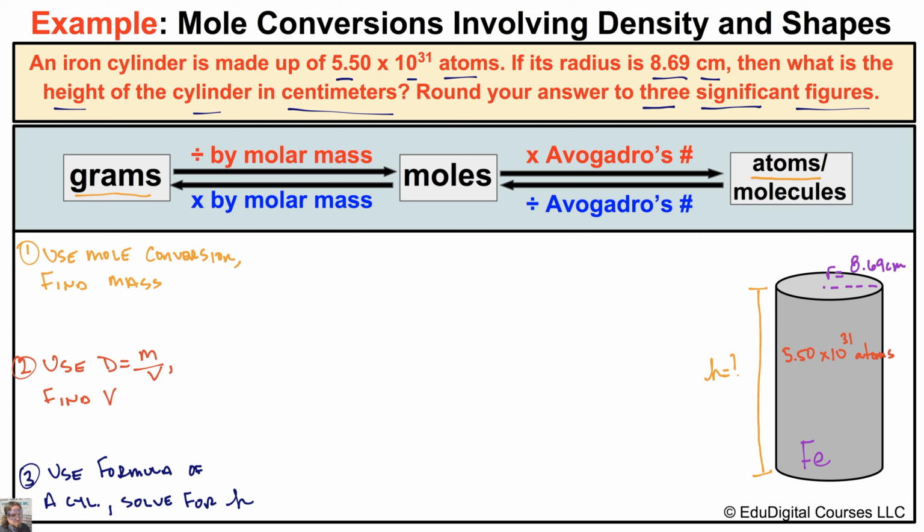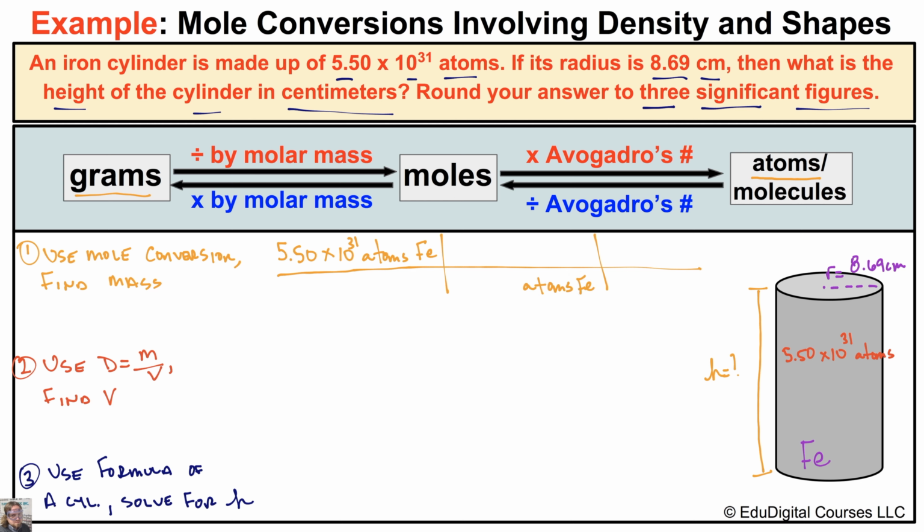In step number 1, it says that we have 5.50 times 10 to the 31st atoms of iron. And what we're going to do with the atoms of iron here is convert this to grams. So we want to cancel out atoms of iron, so we'll put that at the bottom of our equivalent statement.